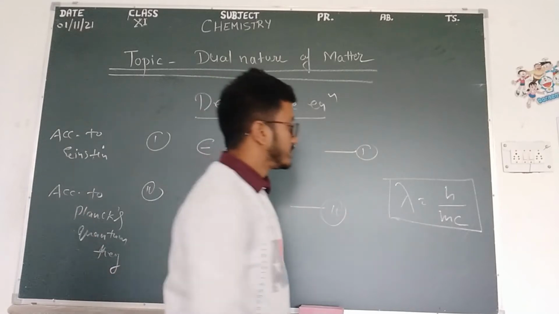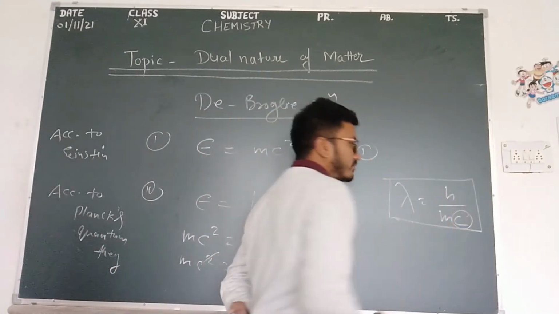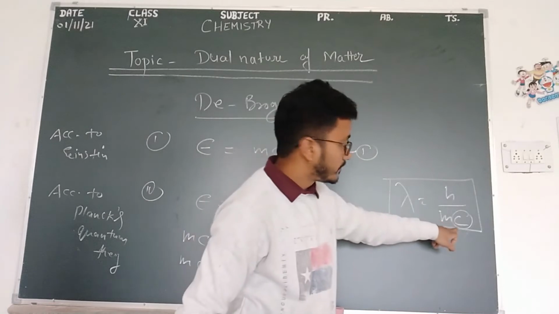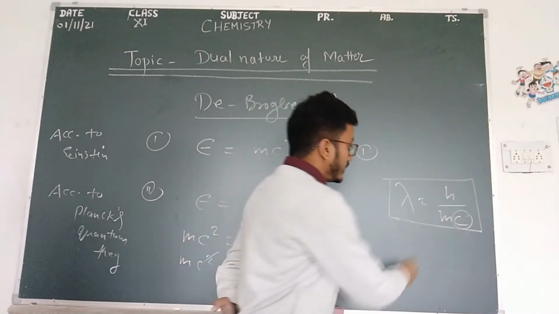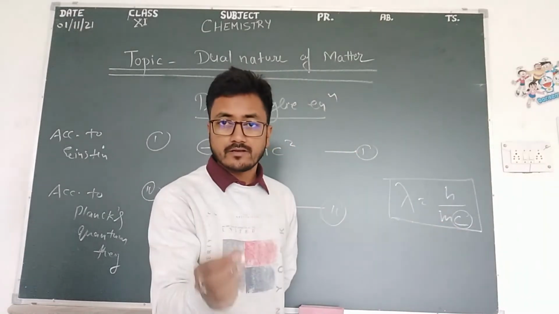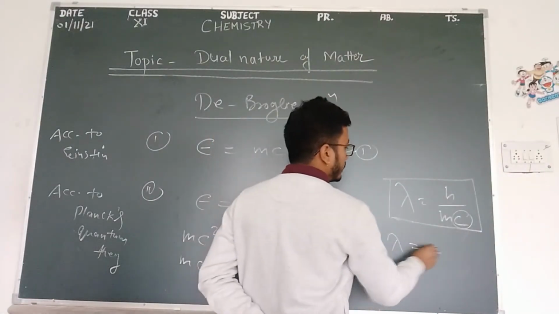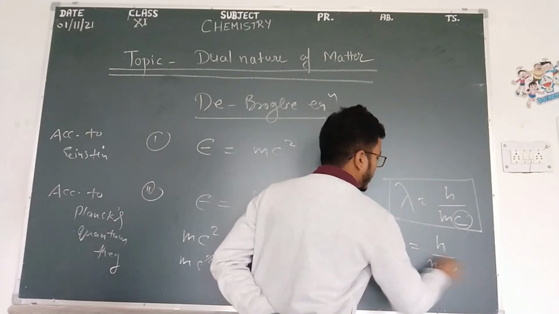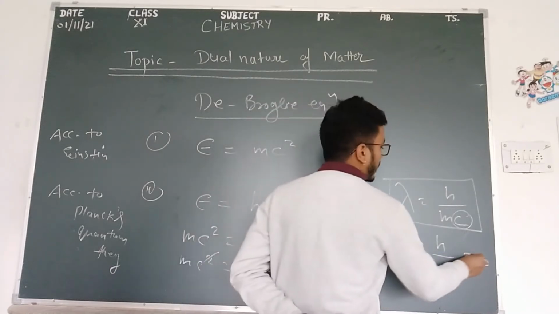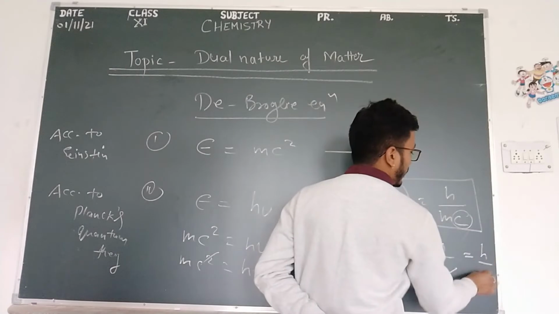But this equation belongs to light only, because here we have the speed of light. If we substitute the speed of light by the speed of the particle, then we have lambda equal to h upon mv, and we know that mass into velocity is called momentum.